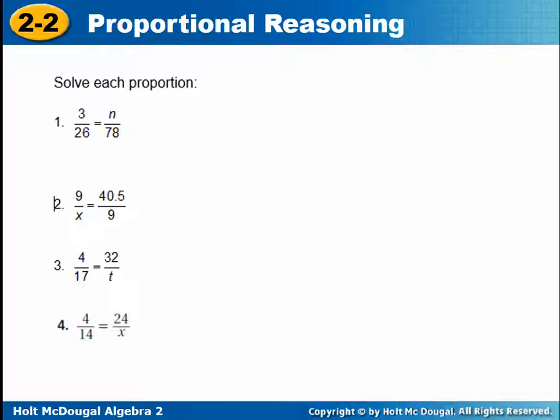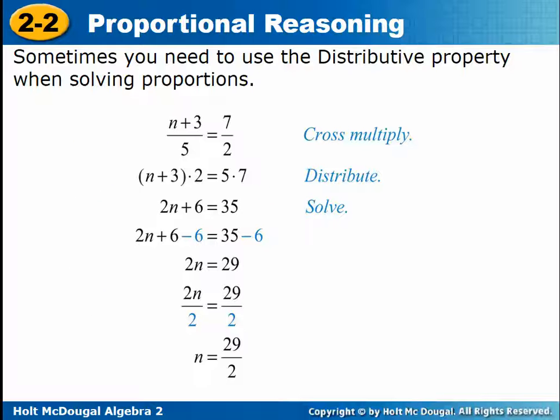I don't think you'll have any trouble with any of them. It's just the product of the means equals the product of the extremes, or in other words, that the cross products are equal. So 9 times 9 is 81, and then you'll divide to solve. You will get decimal answers for several of these, maybe all of them.